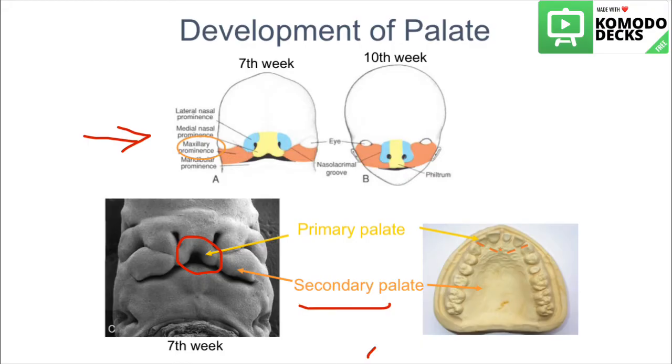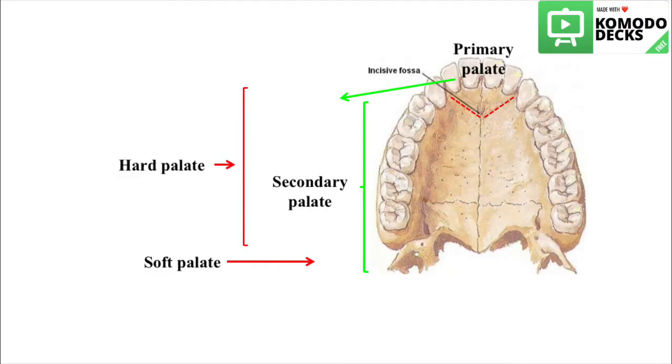The primary palate represents only a small part lying anterior to the incisive fossa of the adult hard palate, behind the incisors. The secondary part is the remainder of the hard palate and the soft palate also, with the final part, which is the uvula.